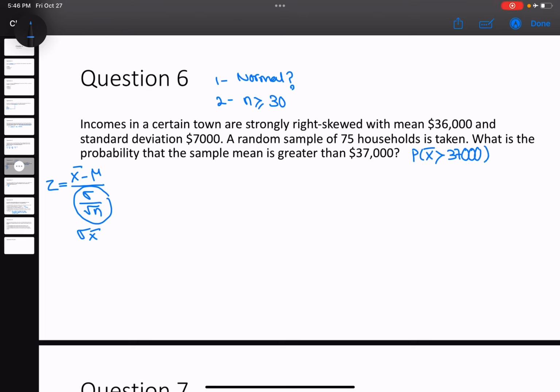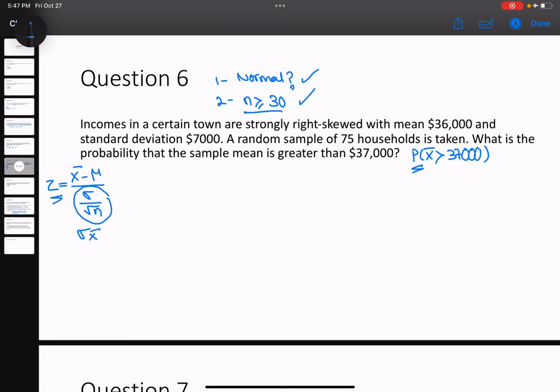In order to get the z and calculate the p from the population mean and standard deviation, we have to check whether the distribution is normal, or whether the sample size is over 30.